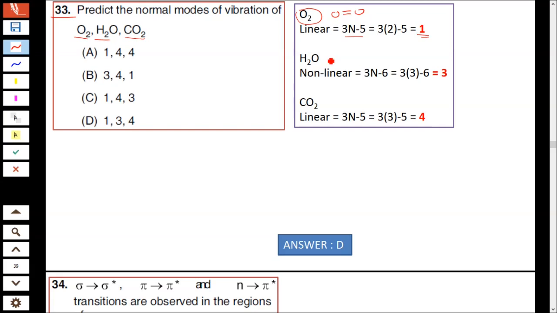For H2O, it's non-linear, 3n minus 6. 3 into 3 minus 6 is 3. Carbon dioxide is linear, so 3n minus 5, it has 3 atoms, 3 into 3 minus 5, which is equal to 4. Hence the answer is 1, 3, 4. Hence option D is correct.